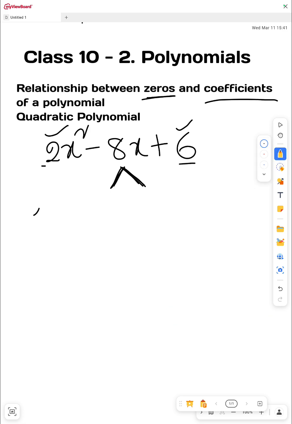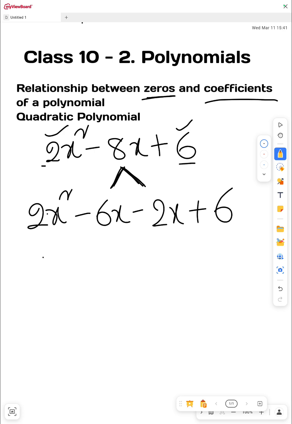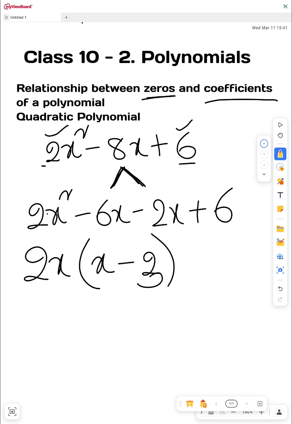Now I am writing this by splitting: 2x square minus 6x minus 2x plus 6. If we take 2x common, I will get x minus 3, and if I take minus 2 as common, then I'll get minus 2 times x minus 3, is equal to 0. We need to put it equal to 0.